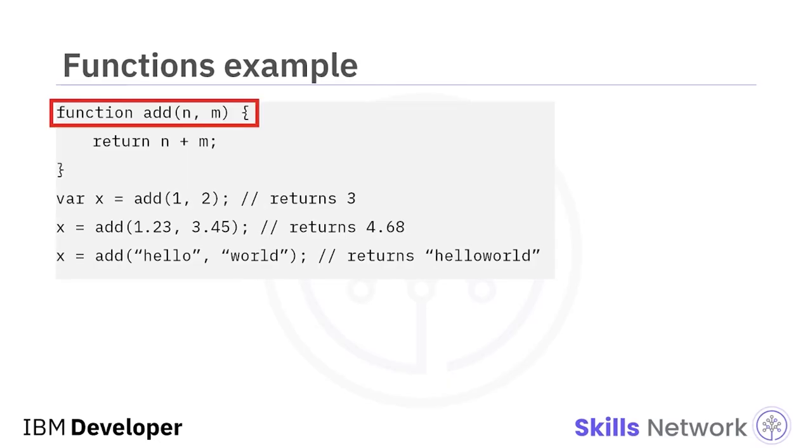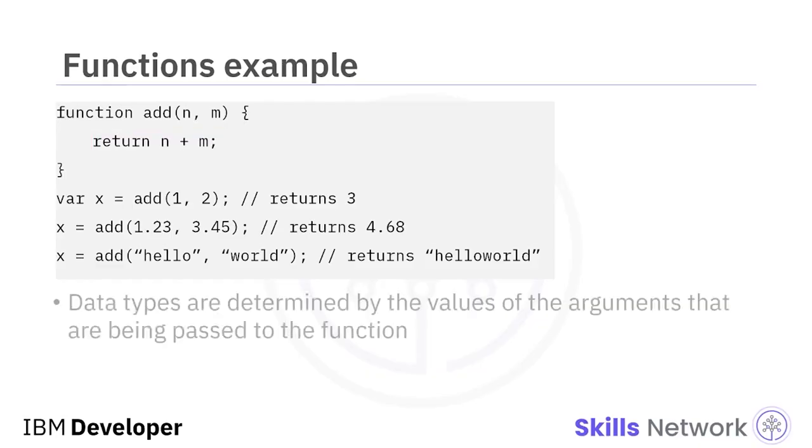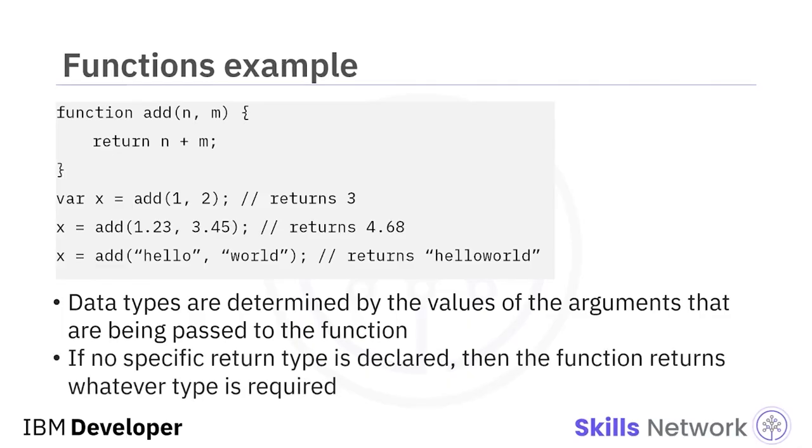This function takes two parameter arguments and returns the sum of the arguments, or concatenates the two arguments if they are strings. Notice that you do not specify the data type for the arguments of the function. The data types are determined by the values of the arguments that are being passed to the function. There is no specific return type declared.